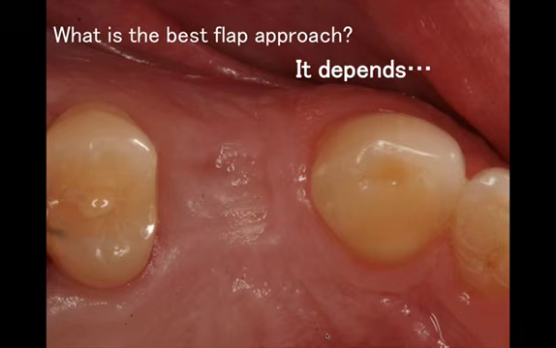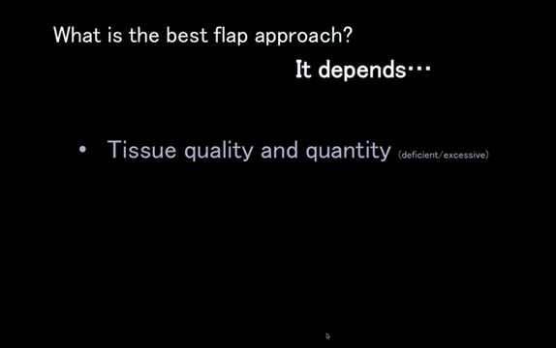Now, it really depends on how much tissue quality you have, how much quantity. Sometimes you have actually too much tissue. And this is a very important factor in how you handle the tissue and your flap design. Now, the tissue quality is important, but it's also important how it relates to where the implant is positioned.